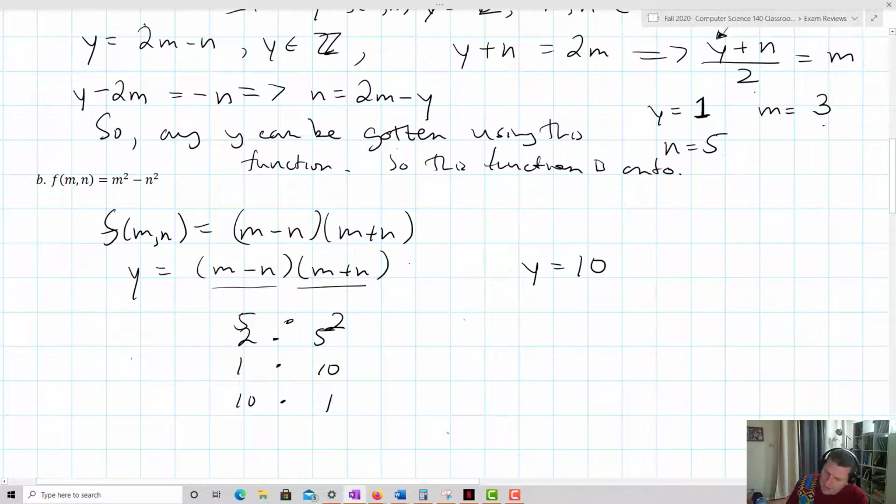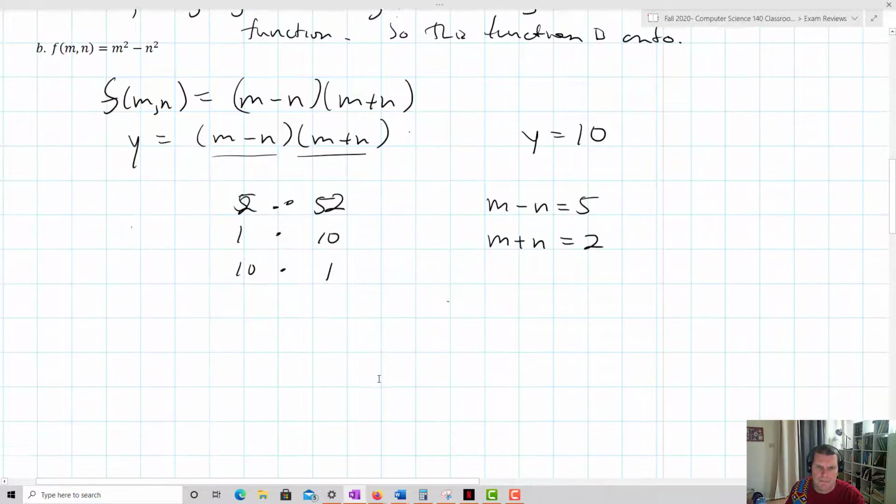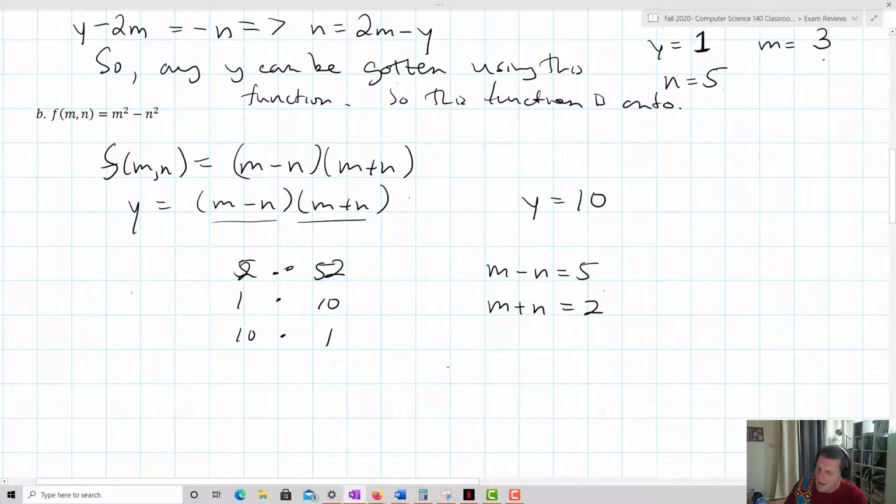Now, if I take this, then we're going to get some system of equations. We'll get m minus n is equal to 5, and m plus n is equal to 2, for example. And let's see whether or not we can actually find a value of m that will give us that. When we add the two together, we get 2m equals 7, and that means that m has to equal 7 over 2, and that doesn't work because m belongs to the integers.